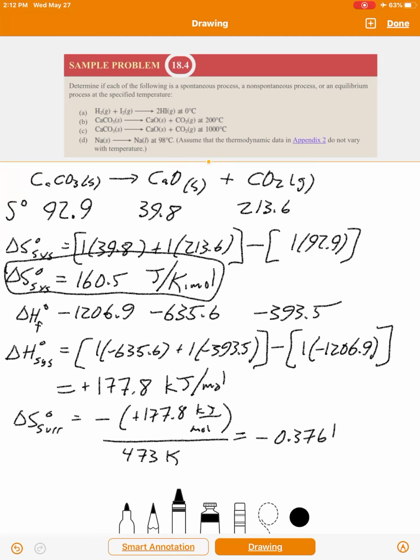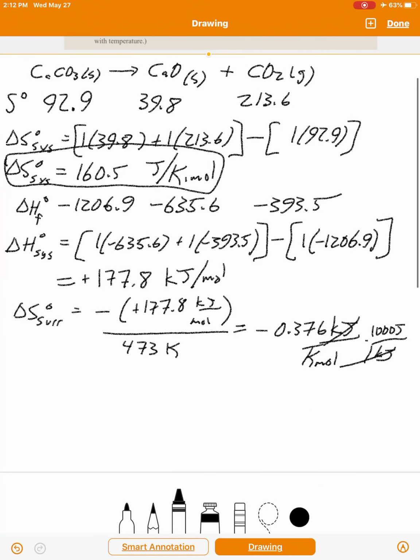Okay, now that's kilojoules per kmol. So what do we got to do? We got to convert that to joules. So 1,000 joules per kilojoule. And what we end up with there then is minus 376 joules per kmol.